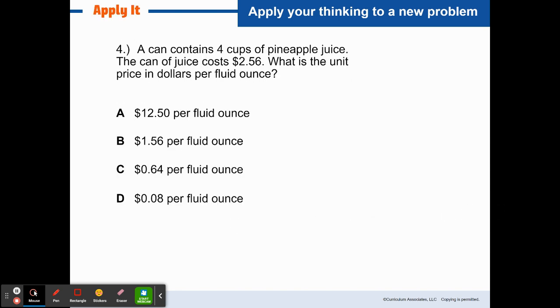All right. Number 4. A can contains 4 cups of pineapple juice. The can of juice costs $2.56. What is the unit price in dollars per fluid ounce? Okay. So now we've got a measurement conversion. If we have cups and we're wanting ounces, we've got to figure out how many ounces are in a cup.